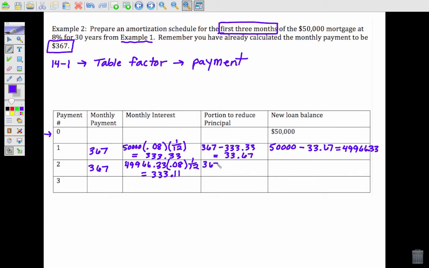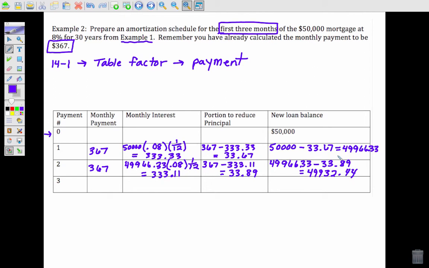Now I subtract my payment of $367 minus the $333.11. The amount that goes to the principal this time is $33.89. So take the $49,966.33 minus $33.89, and now your balance is reduced a little bit more to $49,932.44. So you just keep repeating this process.